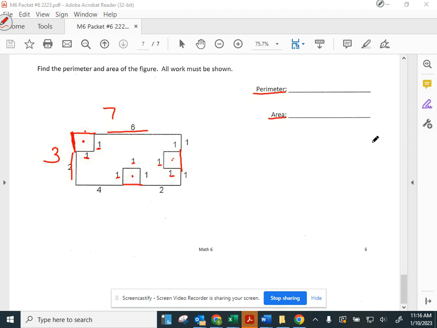So subtract out those areas, and you're left with the area of our goofy shape. Because it's not a full rectangle, we want to subtract out those 3 sections that are taken out of our rectangle. So those are easy areas to find when one side is 1 and the other side is 1. It's kind of easy to find the area of that section. So subtract that away from the full rectangle.